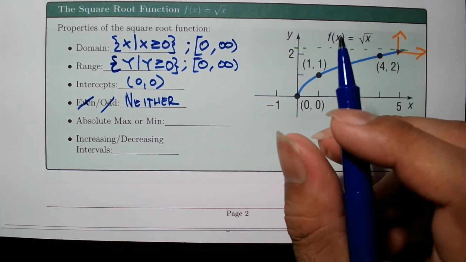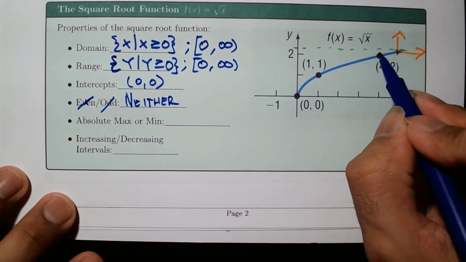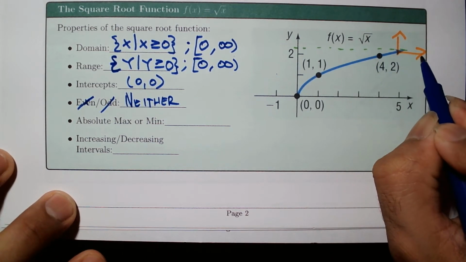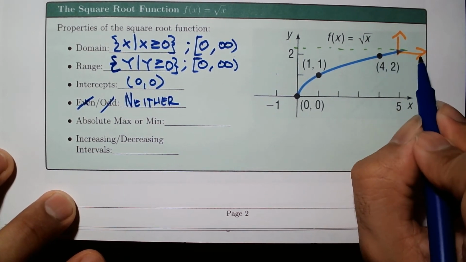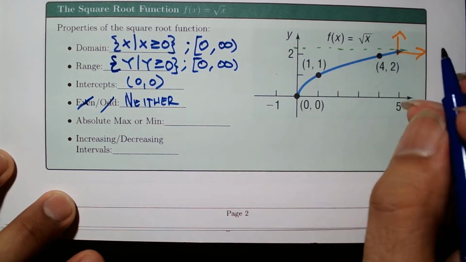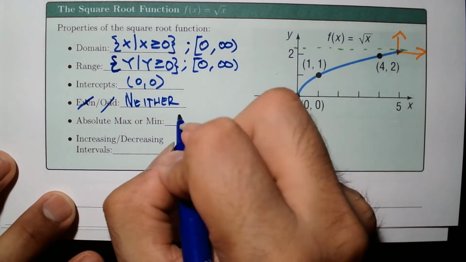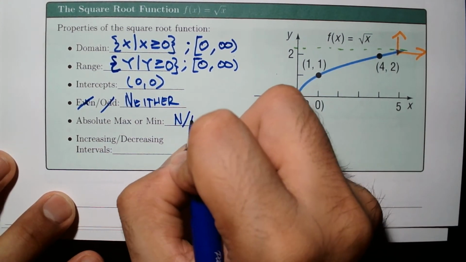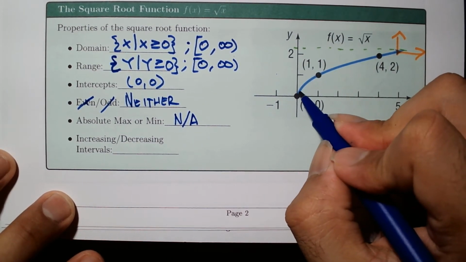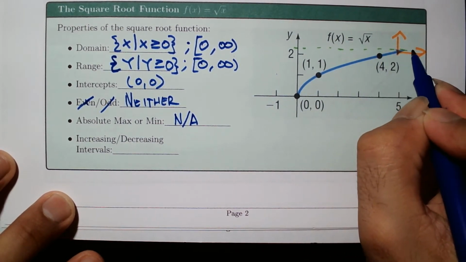Absolute max, absolute min. Well, in this case this graph is always increasing, and we don't ever see this graph going down, so we can't have a max, or going down and then going up, so we can't see a min. So in this case it's not applicable, neither max nor min. The graph always goes up.